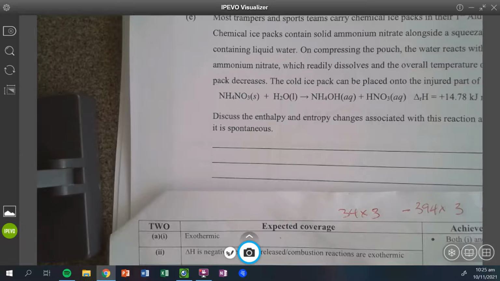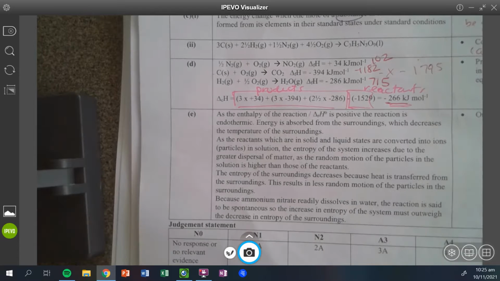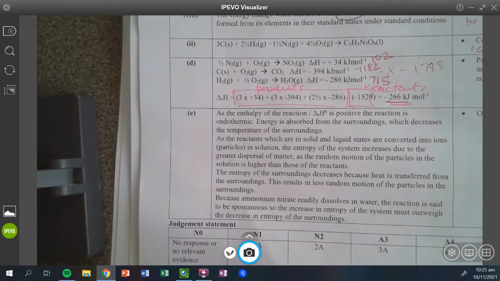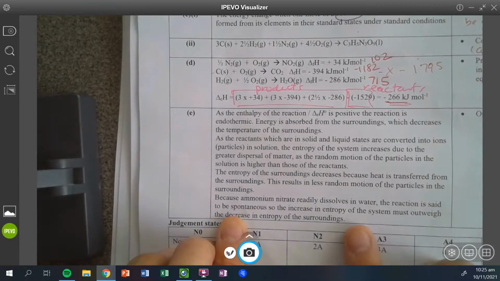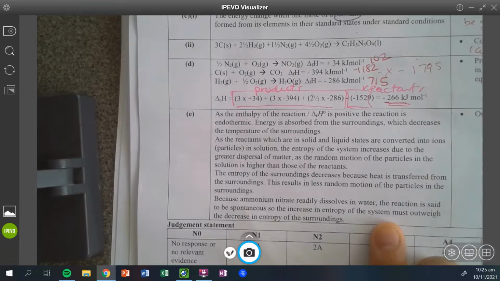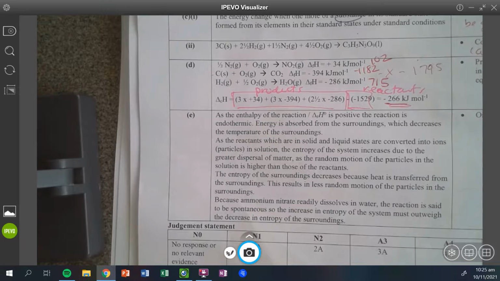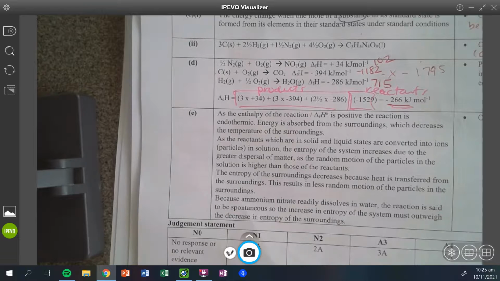The other thing you need to think about is that since it's an endothermic reaction, the surroundings, those molecules are going to now move slower because that heat energy was absorbed, and so they don't have that same kinetic energy to move around. So surrounding-wise, the disorder will decrease because those molecules aren't moving as crazy. But the net balance is that the dissolving must be spontaneous because the entropy that is caused in that disorder of the system is greater than whatever the entropy of the surroundings, becoming more ordered, and the enthalpy of the endothermic reaction.